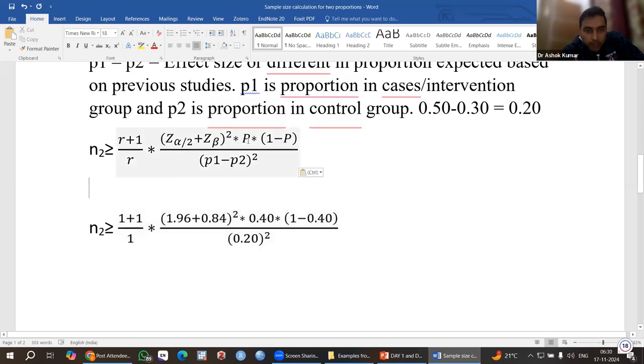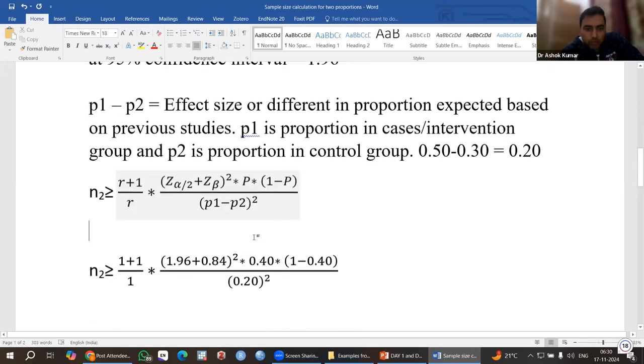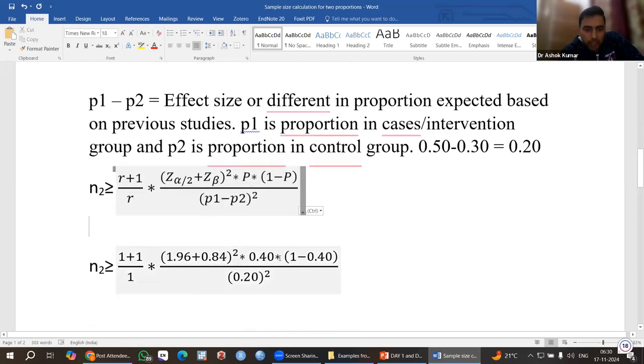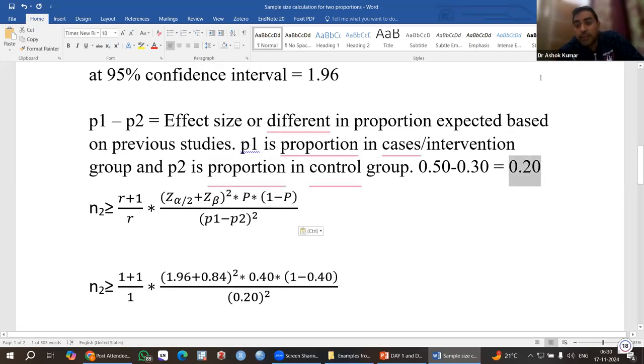Multiply by P, which we already calculated. P is equal to 0.40. So we put P 0.40 multiplied by 1 minus 0.40. Then P1 minus P2, this is 0.2. If you think it is P1 minus P2, it should come minus 0.20, because this is 0.30 minus 0.50.